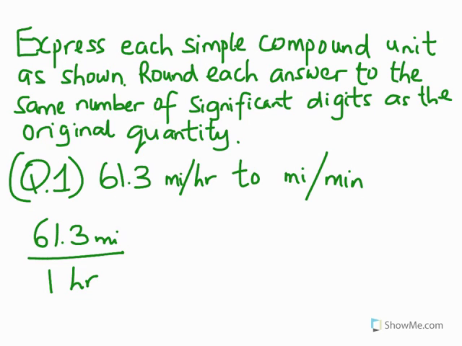Now, if we have 61.3 miles per hour, per. And now some of you might say, what am I saying? Per. I'm sorry, this is what I'm saying. Per. You know, I have an accent. Per hour.